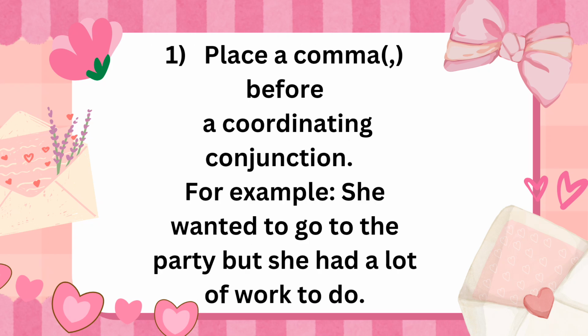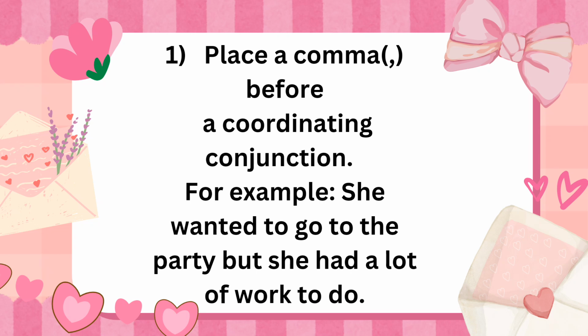Also, it is equally important to remember that the most popular way to join two independent clauses to form a compound sentence is by using a coordinating conjunction. Do you remember the acronym FANBOYS? Let's break it down.